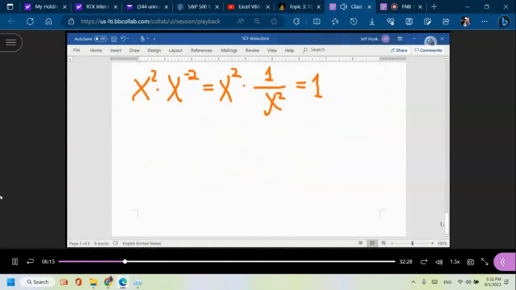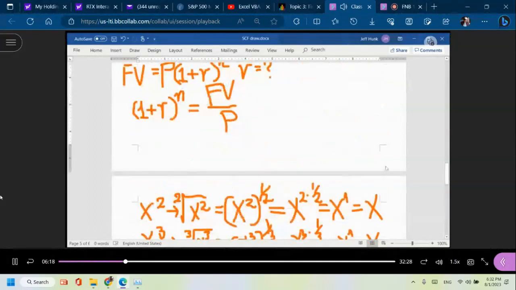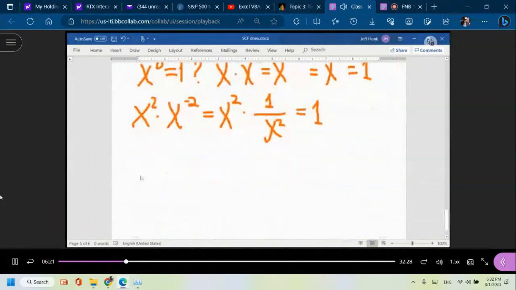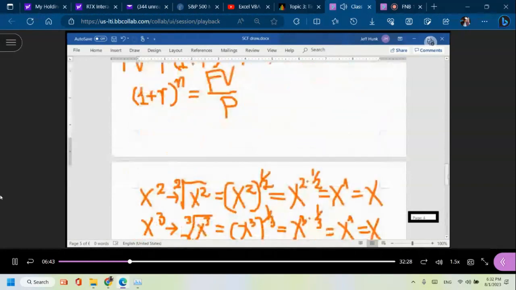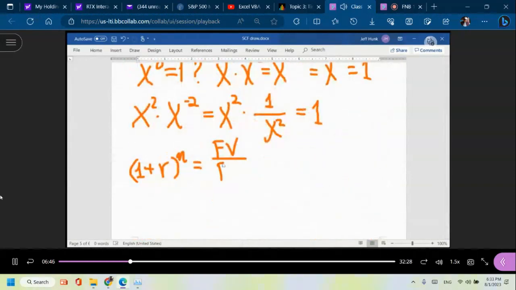So enough of that. Now let's bring ourselves back to this question. We were stuck there. We were able to isolate all the way up to 1 plus r raised to n is FV over PV, or P. You understand that principal is also called present value.